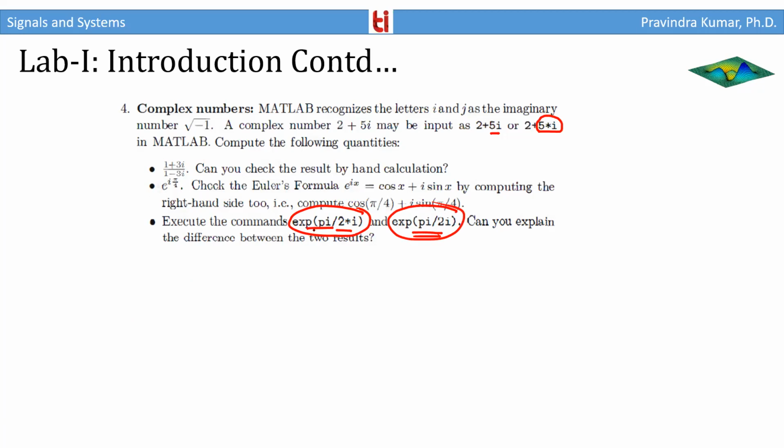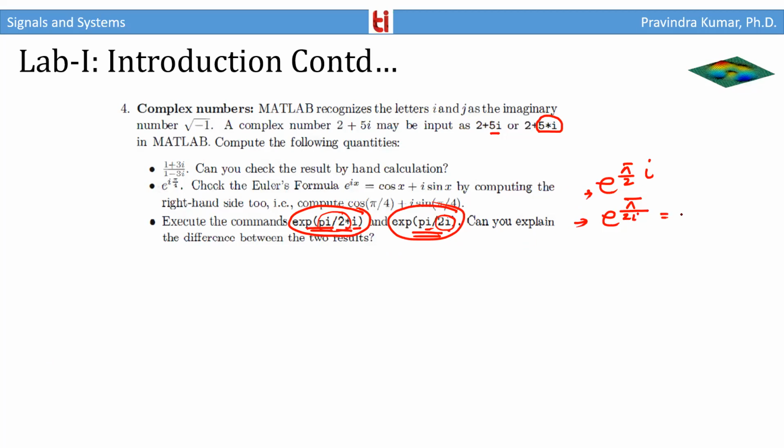The meaning of this is e to the power pi by 2 into i. And here the meaning is e to the power pi by 2i. So be careful about what you are going to write. First of all, this, and multiply this. And here pi by 2i is complete. So these are two different things.